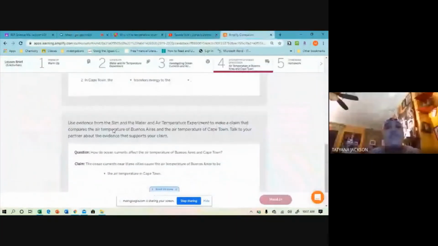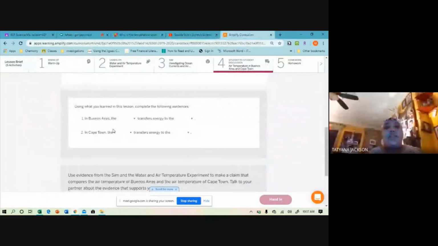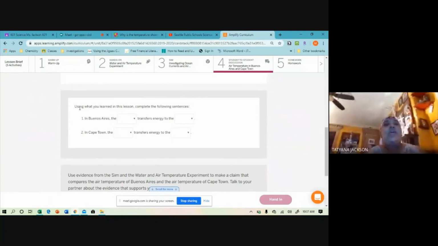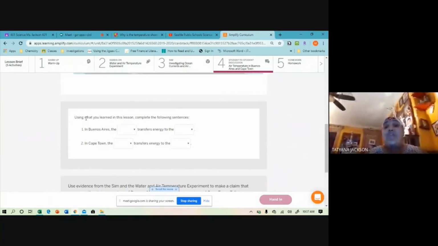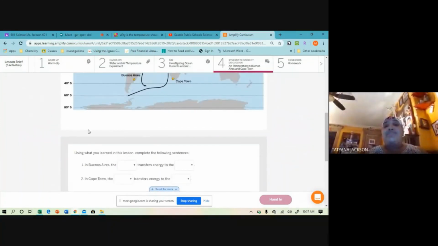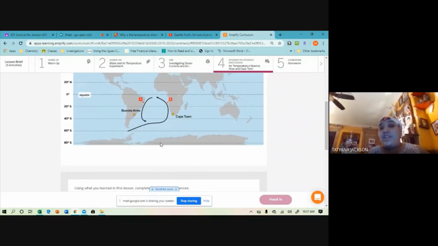So what I want you guys to do is answer this in the chat. I'm not going to start a new Padlet. Based on what we learned today, in Buenos Aires, the blank transfers energy to the blank. You're going to fill that in with the words ocean and air. So in Buenos Aires, what transfers energy to what?